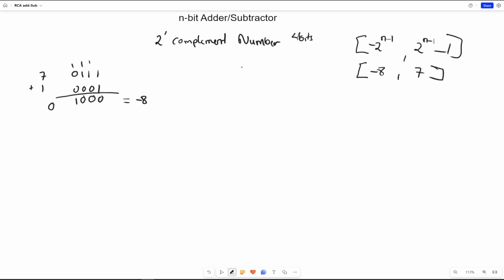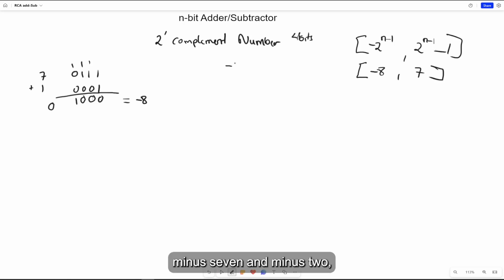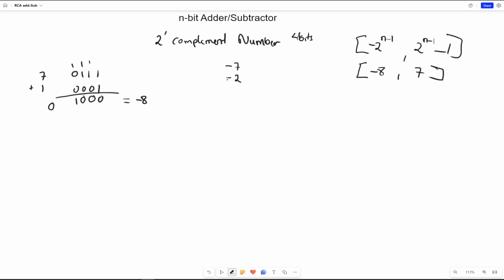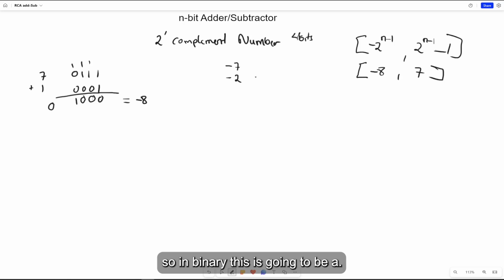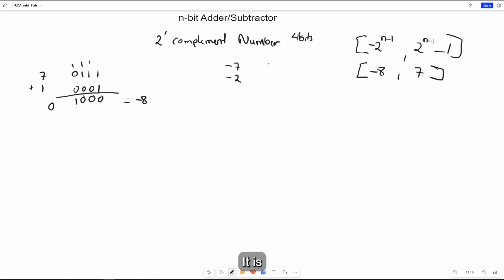For example, if you look at -7 and -2, in bits this is 1001, plus -2, which is 1110.